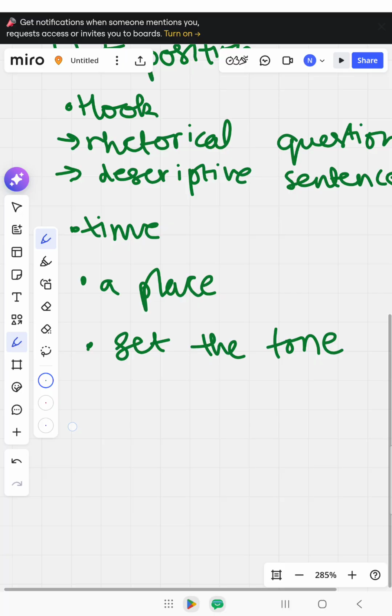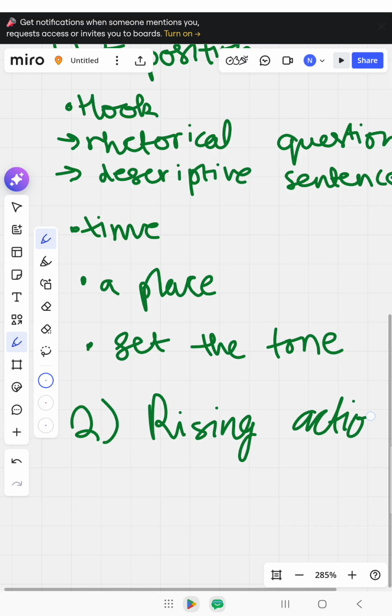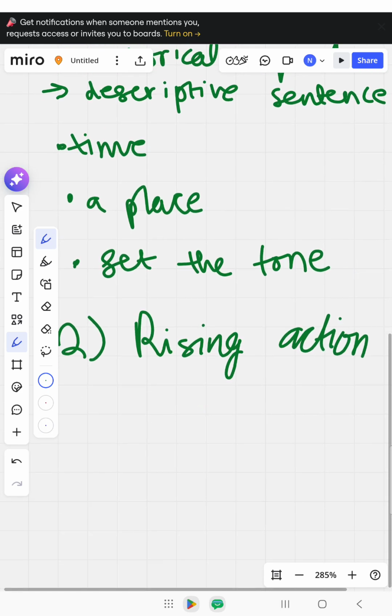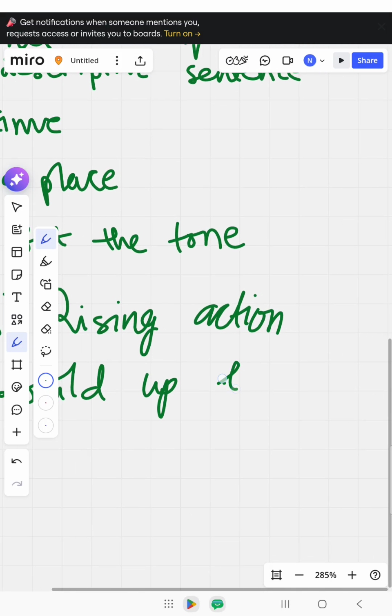The next one is climax. Sorry, I meant rising action. Rising action. So this is where we build up the plot and conflict.